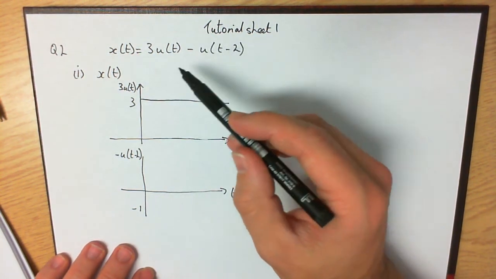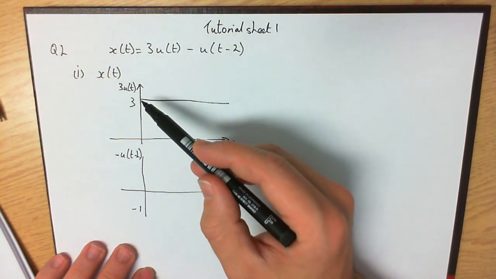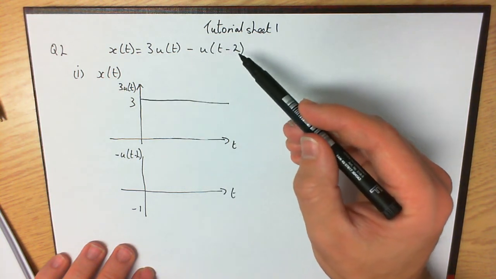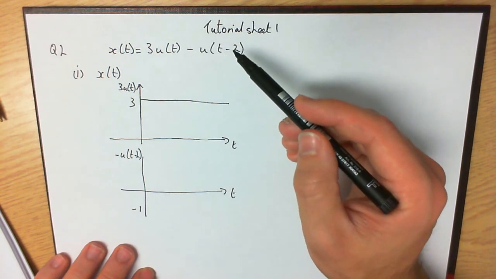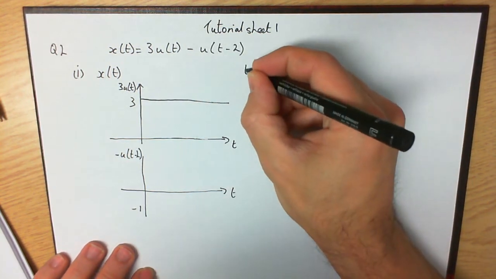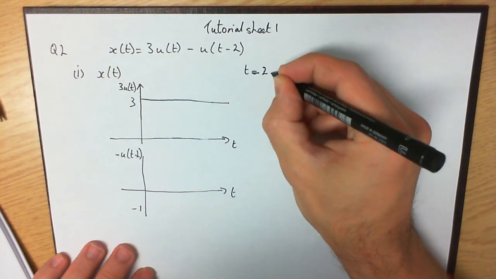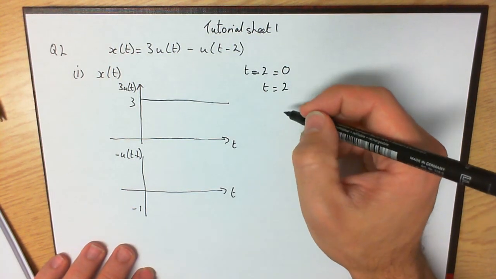Well, we know that u of t changes from 0 to 1 at time t equals 0. So what we need to work out is at what time does this argument t minus 2 equal 0? So in other words, t minus 2 is equal to 0, or t is equal to 2.